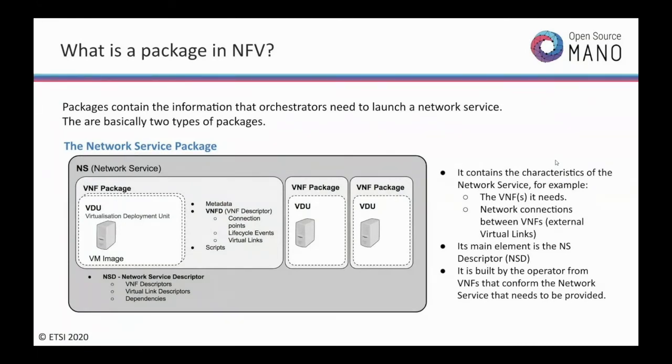It can contain as well some scripting or software for operating the network service as a whole, because you might need to go and grab the IP address of a VNF that provides a high performance database and feed it to an element, a network virtual appliance that needs to access this high performance database.